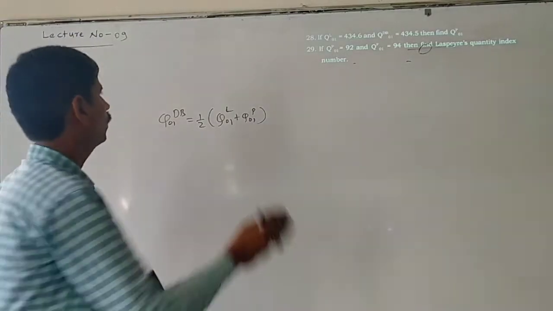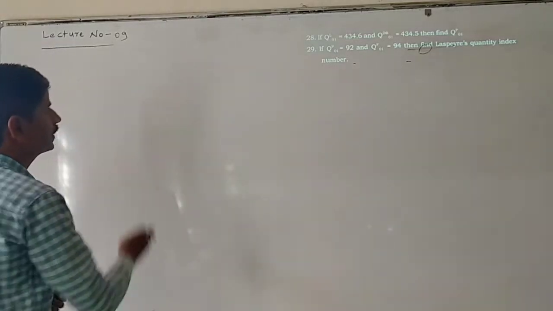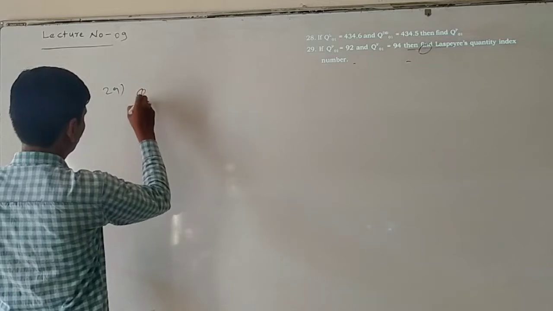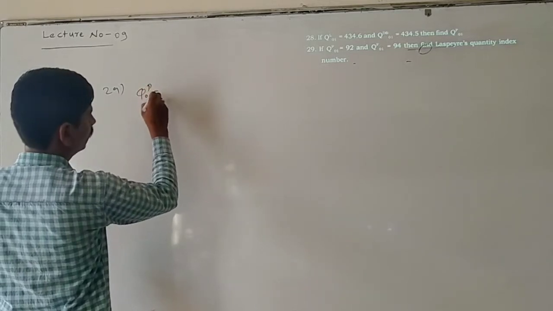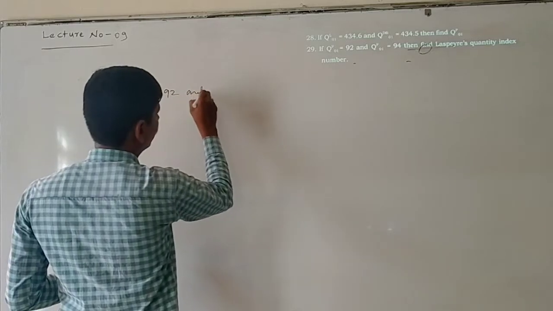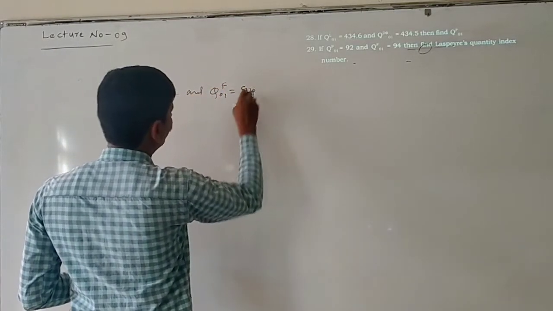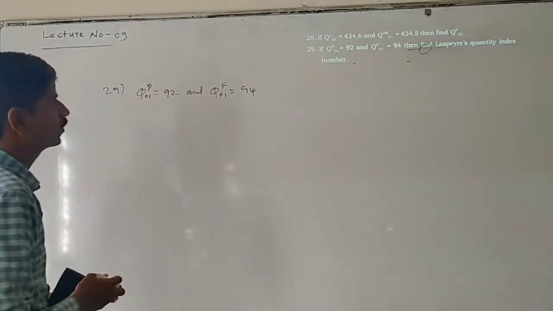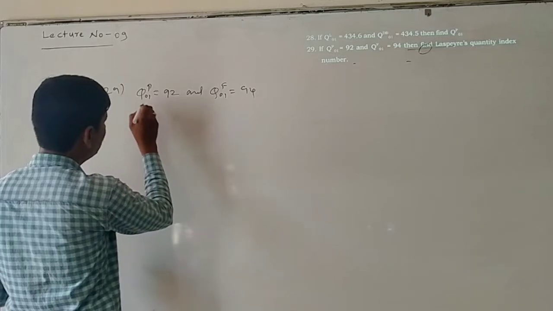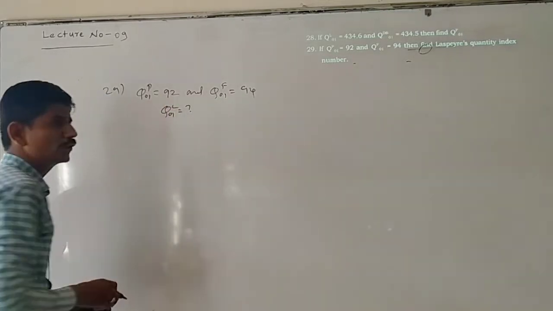The next one, 29. If Q01P is 92 and Q01F is 94, then find Laspeyres' quantity index number. Which relation do you have to apply?